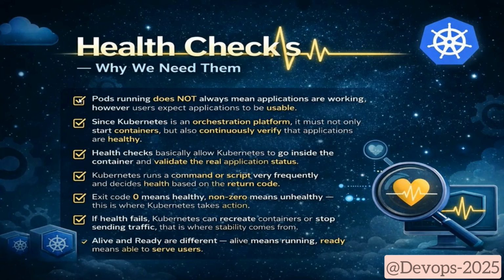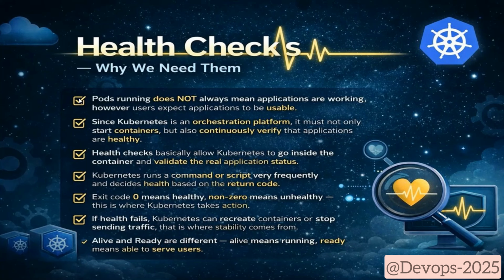When you create a pod, you can tell Kubernetes what command or script to run, and how frequently to run it, whether every 30 seconds, every 60 seconds, or every 2 minutes. Based on that, Kubernetes will go inside every replica of that container and run that check frequently based on the time interval.